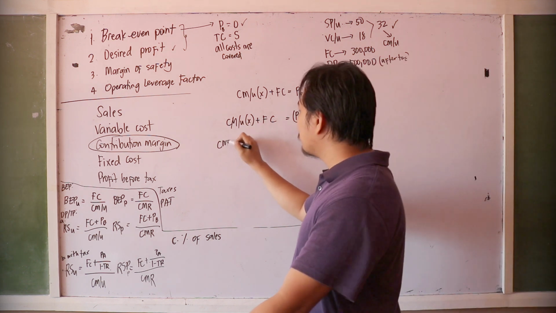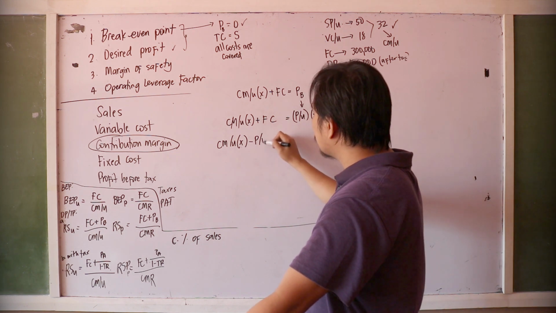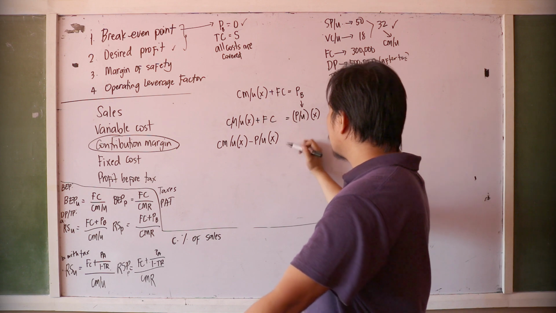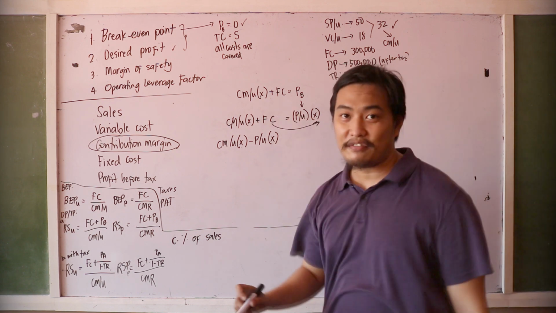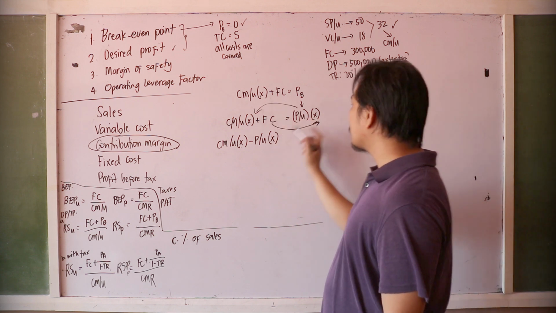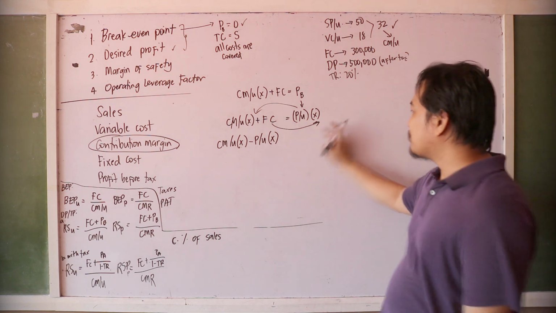So CM per unit times the number of units minus your profit per unit times the number of units. At ilipat na lang din natin si fixed cost dito kasi hindi naman siya kasama sa ipa-factor out natin. So pumunta si profit per unit times x dito, si fixed cost naman pumunta doon.